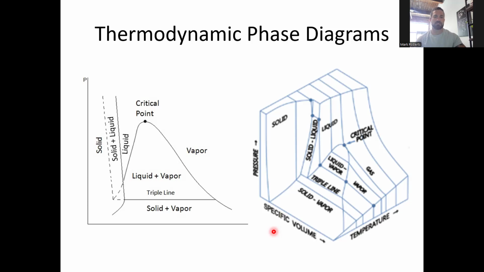That tells you where the species exists as a liquid, where it exists as a vapor, and where it exists as a solid. These phase diagrams are constructed with respect to pressure, temperature, and then also specific volume. If we take a cross section and look at it in terms of pressure and temperature, this is a typical phase diagram that we're used to looking at for a given species. We see this particularly for water, and I think this example shows us water.